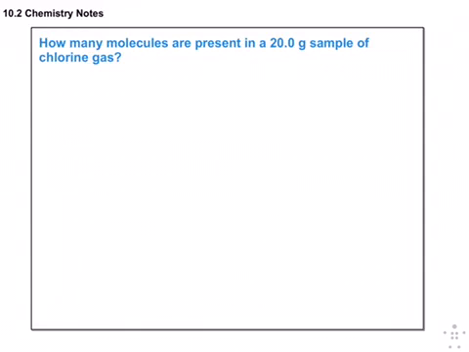So, it seems easy enough because chlorine is an element, so we should just be able to look it up on the periodic table. Is that what you guys did? And then, so what did you get for the mass of chlorine? 35.453.